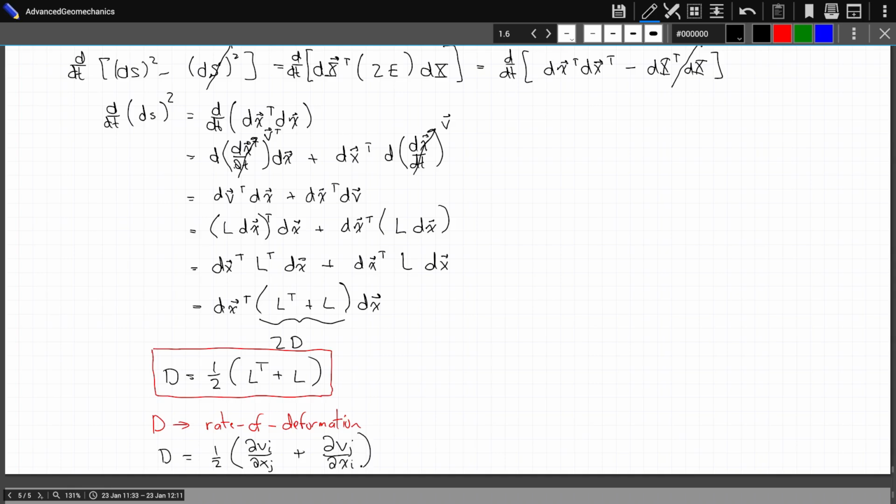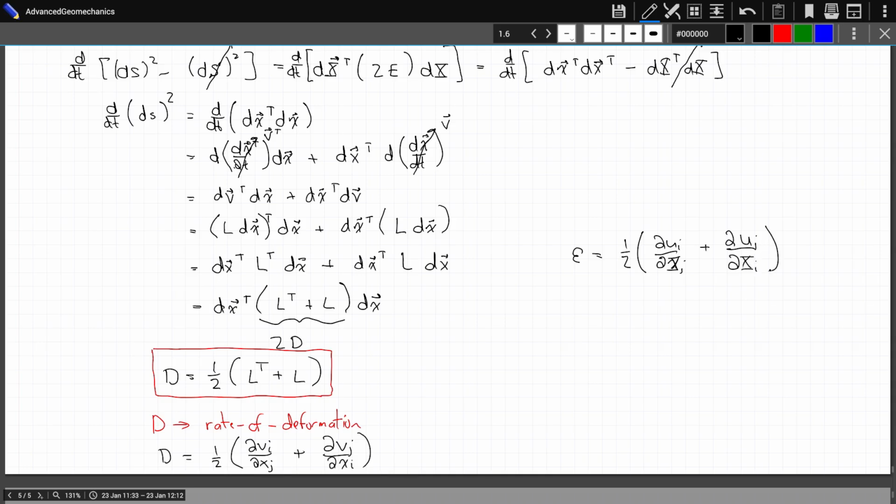And again, why the 2D? It's the same thing: we want it to be consistent with the small strain rate. We know the small strain tensor is 1/2 partial ui partial xj plus partial uj partial xi.